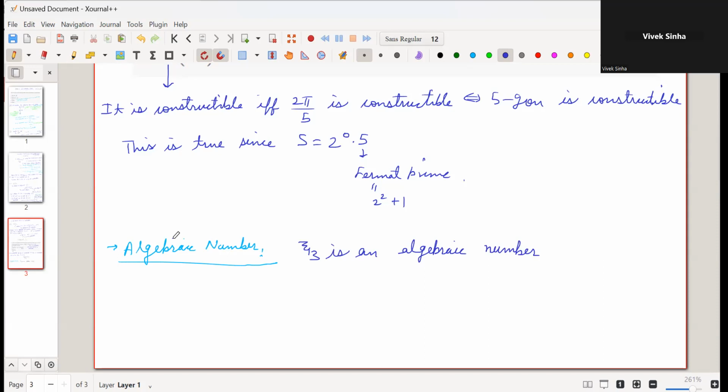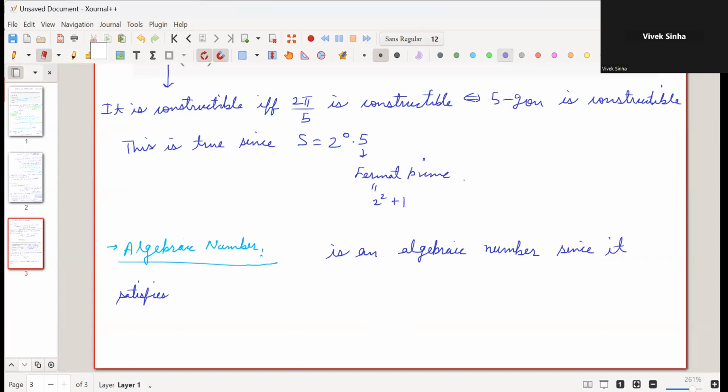Why is ξ3 an algebraic number? Since it satisfies... no, ξ3 won't work because ξ3 has an extension of degree 2.